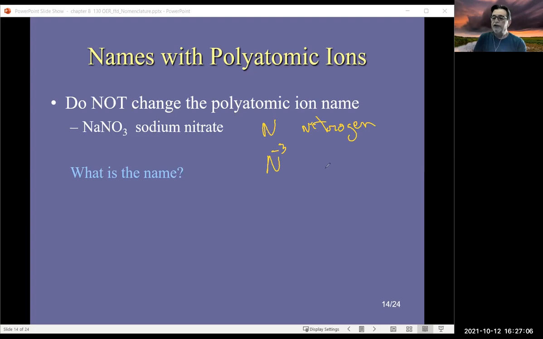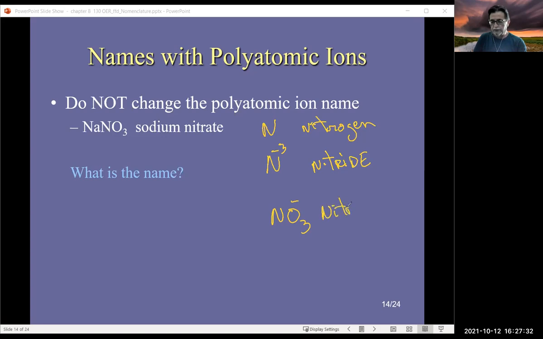But when it becomes the ion, its name becomes nitride. Now, when the nitrogen is bonded to oxygen, and in this case specifically 3 of them, and it has a negative charge, it is a polyatomic ion.